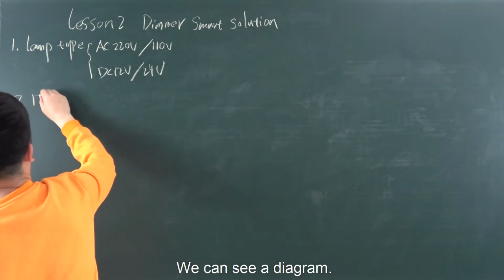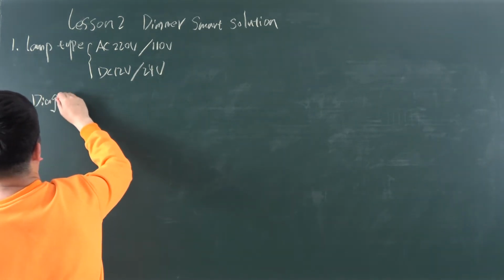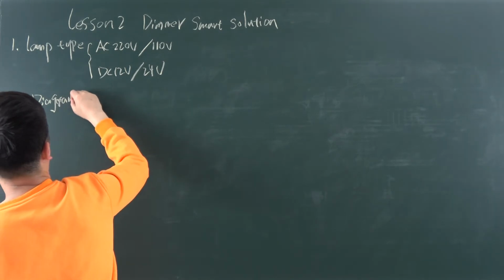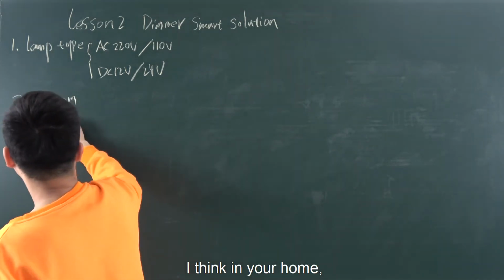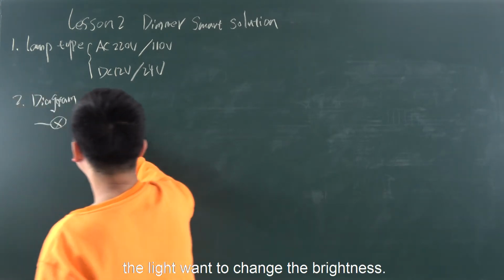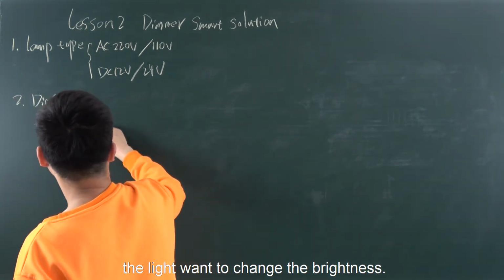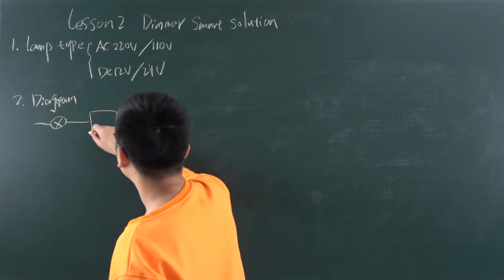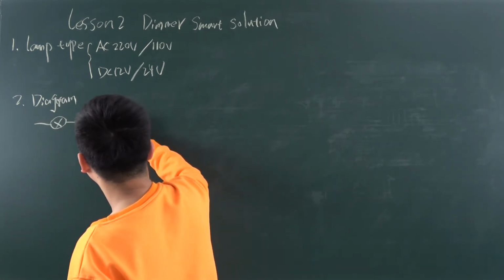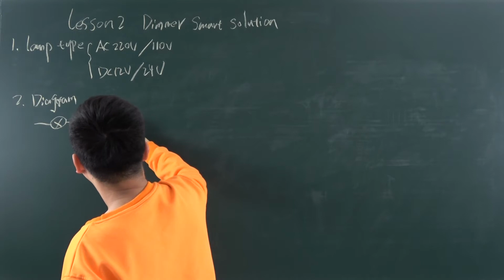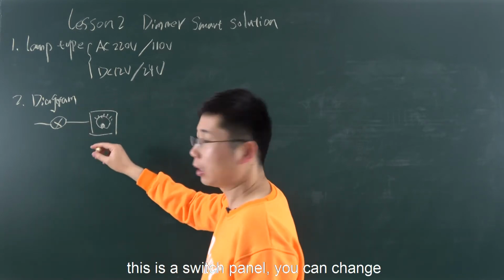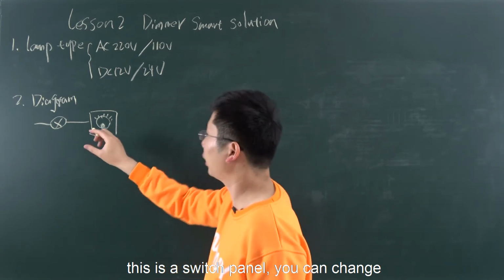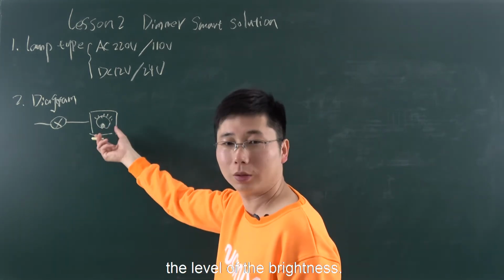So now we can see a diagram. I think in your home, a light where you want to change the brightness will have a switch. This is a switch panel, and you can change the brightness.